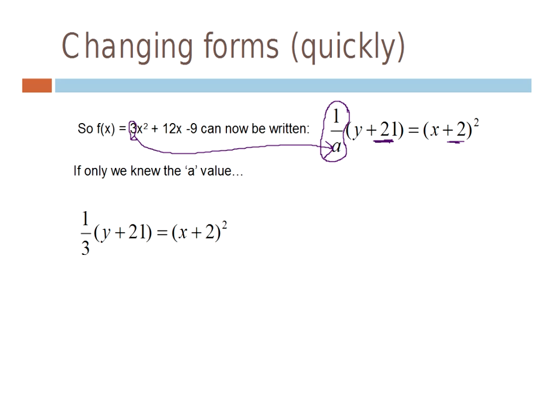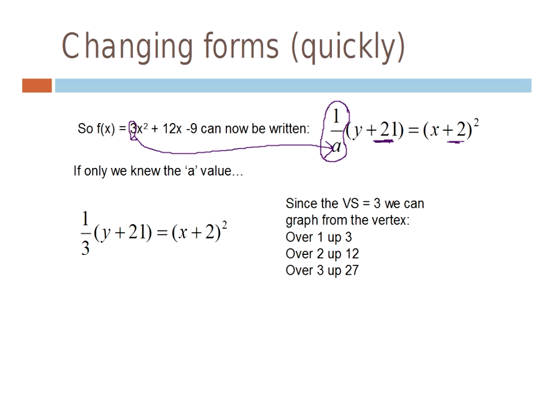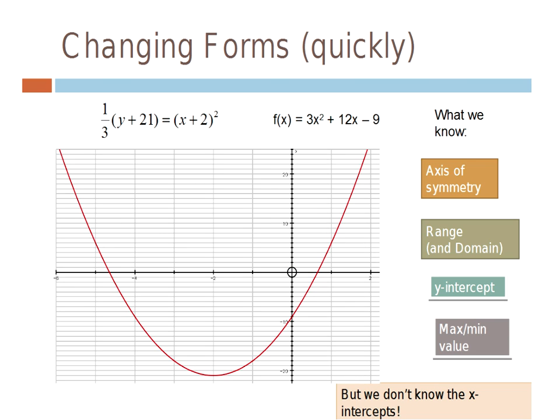Without completing the square or anything like that, I can very quickly get the transformational form. And now I know the vertex, and I know the vertical stretch is 3, and so I can go over 1 up 3, over 2 up 12, etc. And so here is the graph of this function.